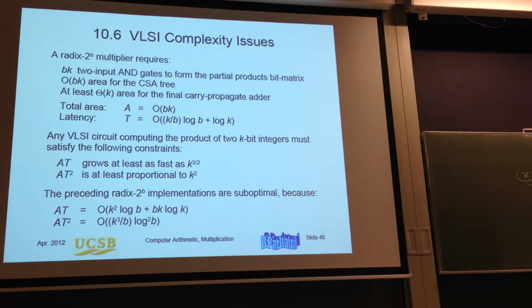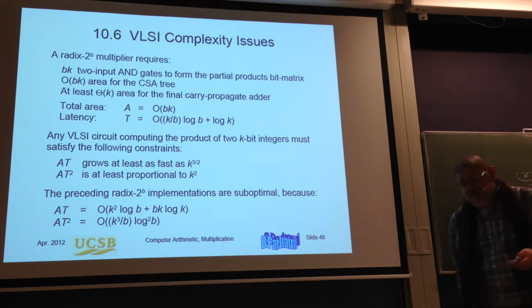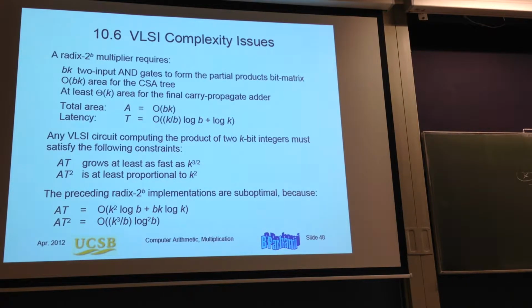Okay, now this is about the complexity of VLSI circuits. If you do a radix 2 power something multiplier, you will need a number of gates to generate the products. Those are AND gates.